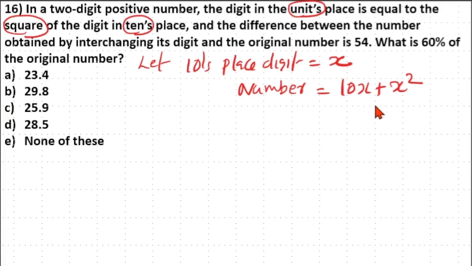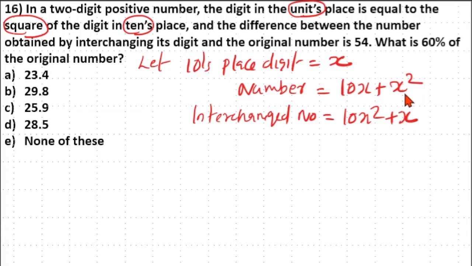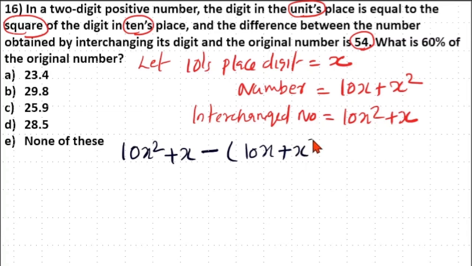If you interchange the digits, that means interchanging x and x square, the interchanged number is equal to 10x square plus x. Now the difference between these two is equal to 54. That is, 10x square plus x minus 10x plus x square, which is equal to 54.